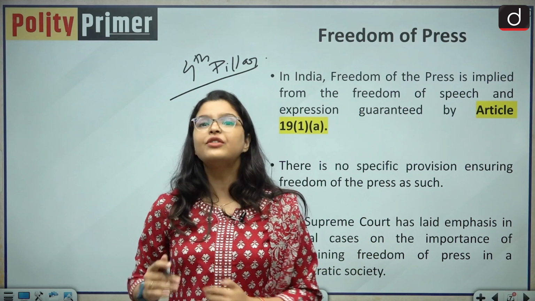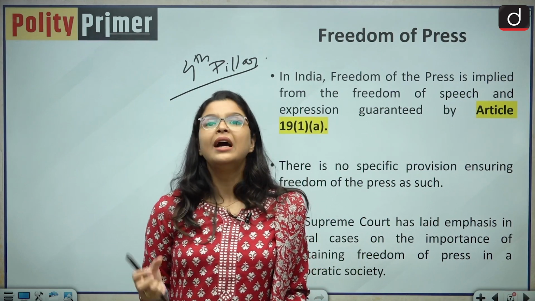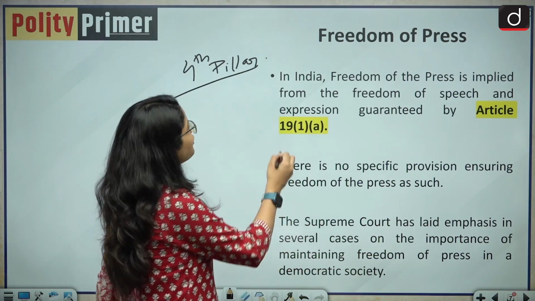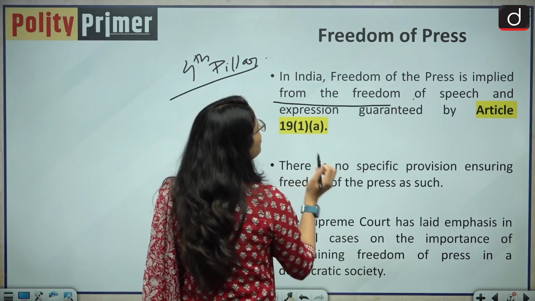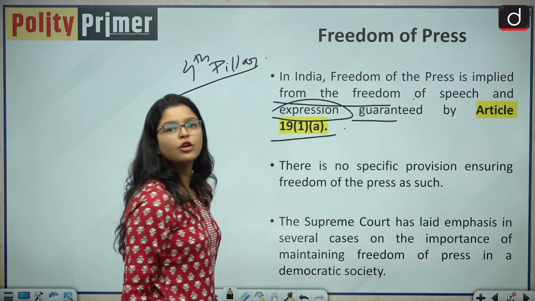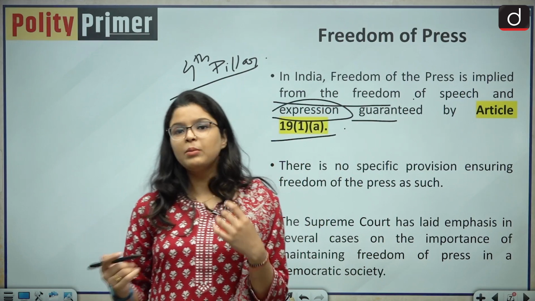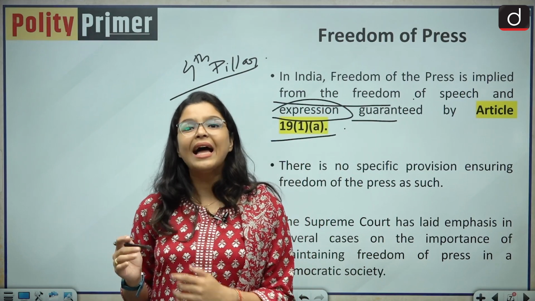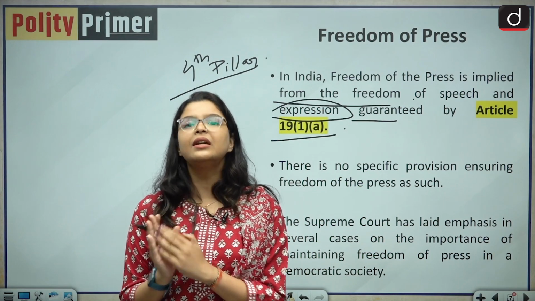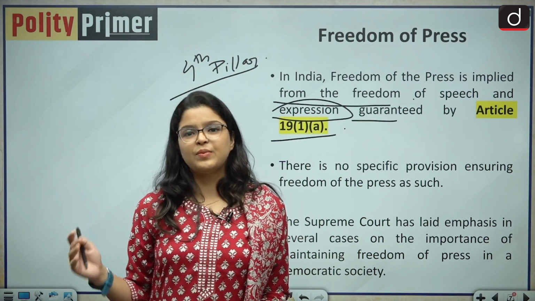and freedom of press is also recognized as an important part of freedom of speech and expression. So if I talk about the Indian Constitution, this is not mentioned explicitly. That is, the freedom of press is implied from the freedom of speech and expression guaranteed by Article 19 Clause 1 Clause A. So the Supreme Court in its catena of judgments has interpreted freedom of press under freedom of speech and expression.